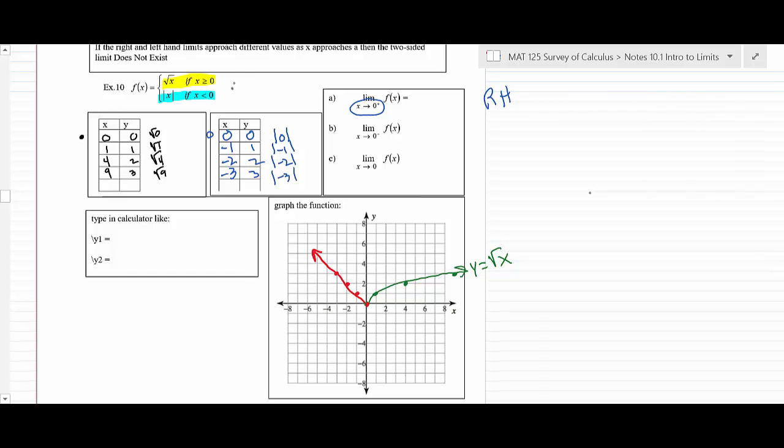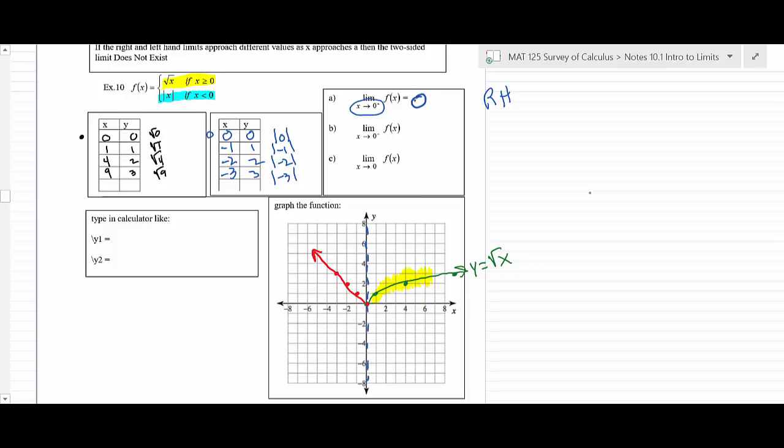So remember, what we're interested in, and you can try this approach if you need to, I'm going to put a little vertical line. It's kind of like a wall through 0. Okay, if I go from the right-hand side, that's what I'm doing with this highlighter. When I get closer and closer to 0, what is the y value getting close to? 0. Okay, so that means the answer to that right-hand limit is 0, correct?